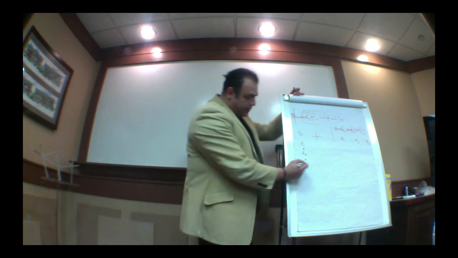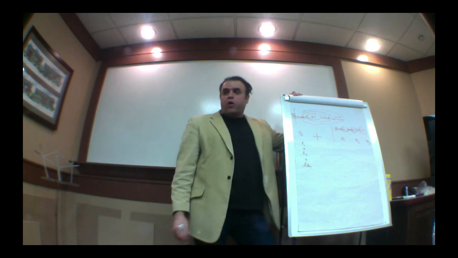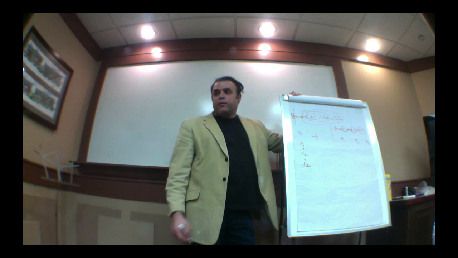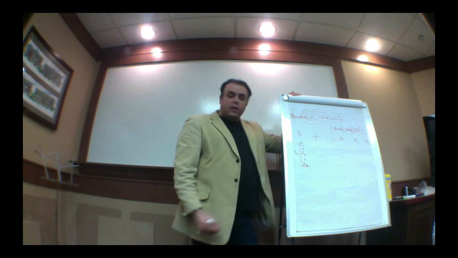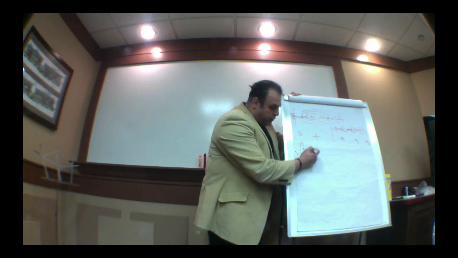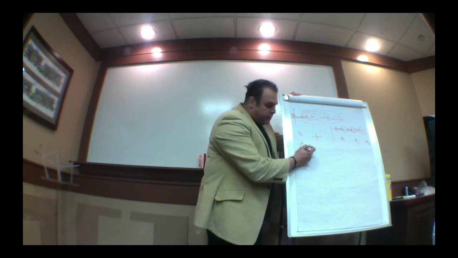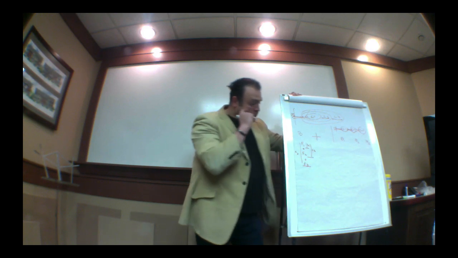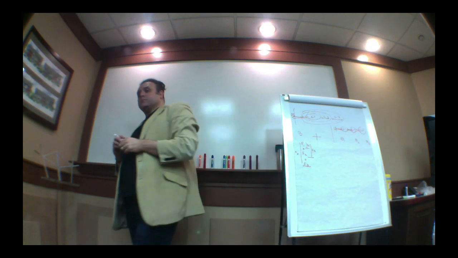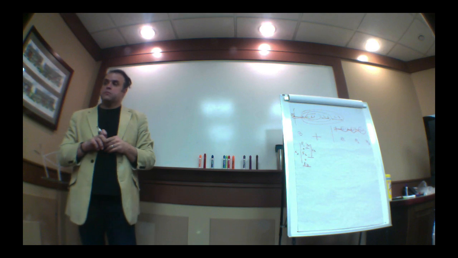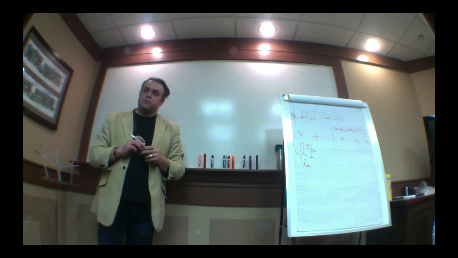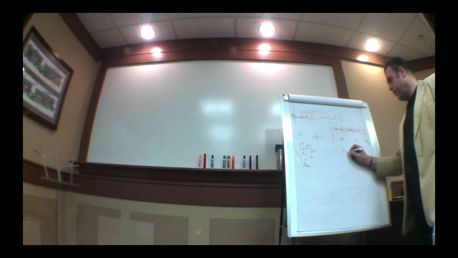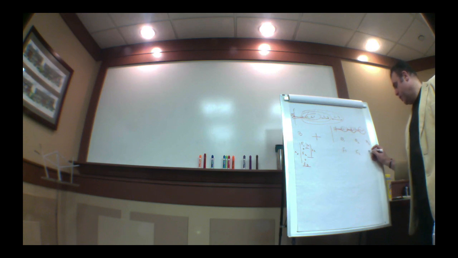So if I get level 3, how many features will I get? All 3. All the above. So this is level 3. If I get level 2, I will get all of the above. This is level 1. Here I will have feature 1, feature 2, feature 3.